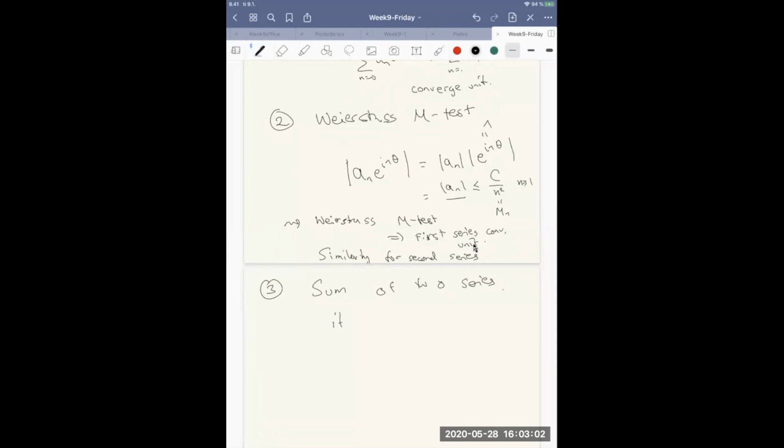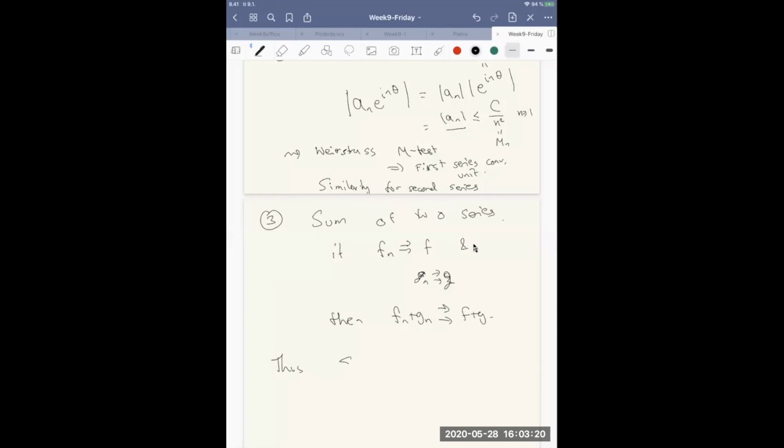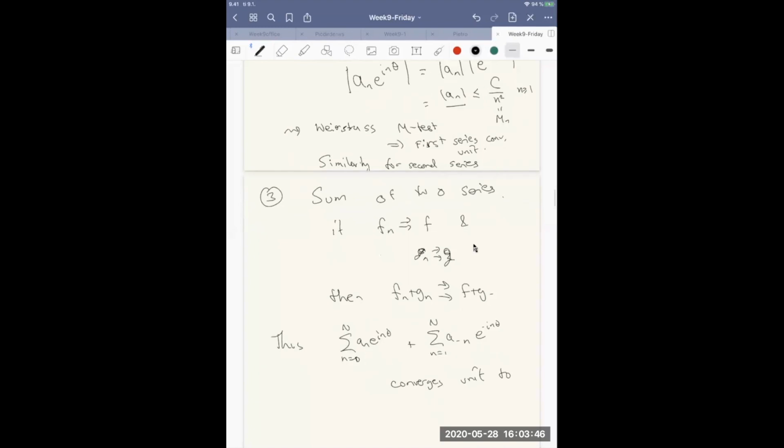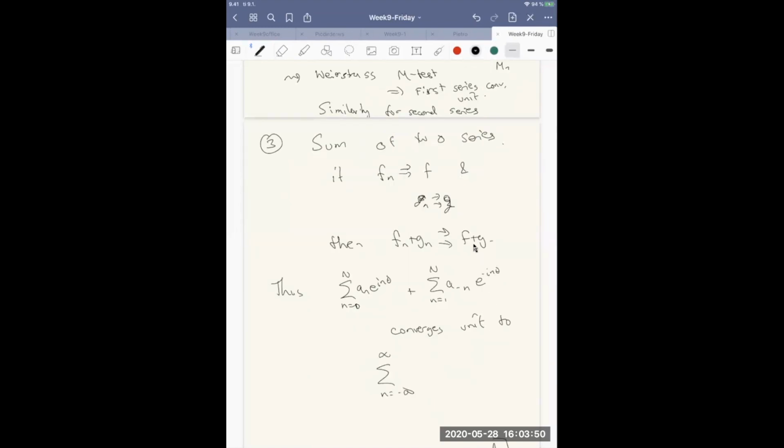So if F_n converges uniformly to F and G_n converges uniformly to G, then F_n plus G_n converges uniformly to F plus G. Thus, the sum from n equals 0 to N of a_n e^{i n theta} plus the sum from 1 to N of a_{-n} e^{-i n theta}, both of these converging uniformly, converges uniformly to what we denoted as the infinite sum of these things, after a re-indexing, a_n e^{i n theta}.